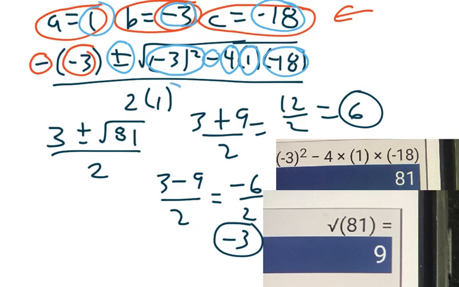That whole thing is divided by 2 times a. A again is 1. So again, guys, let's be honest. Can we agree we know how to find a, b, and c? And then, if we have to, we look on the wall and we go, okay, I need to follow that formula, which I just demonstrated. Negative b plus or minus square root b squared minus 4ac, all divided by 2a, right?